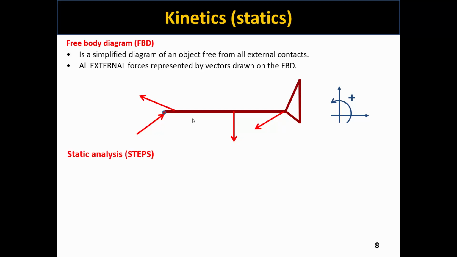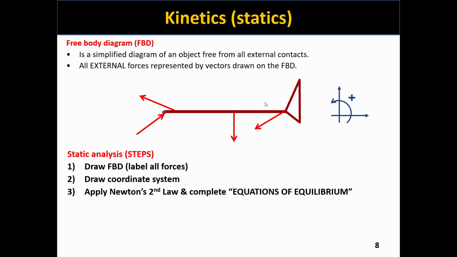So to summarize the static analysis, we'll work many examples in this series of videos. We begin by drawing the free body diagram, and although we haven't done it here, we will label all forces. We have to draw our coordinate system, and we did that already up here on the right hand side, and without a coordinate system we would not be able to interpret the directions of these vectors.